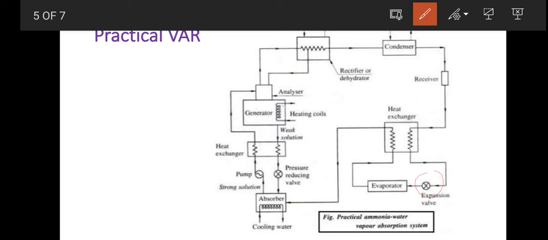The ice will choke the pipeline after the expansion valve. So to avoid choking of the pipeline, we need to remove the water vapor right after the generator. For that we use the analyzer, and the rectifier is also called a dehydrator, which means it does not allow water vapor to be supplied to the condenser.